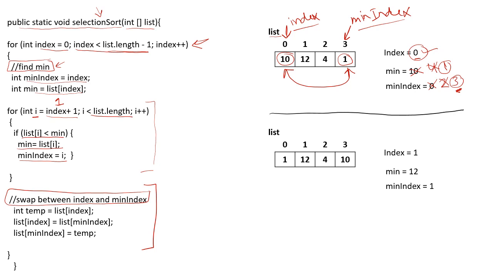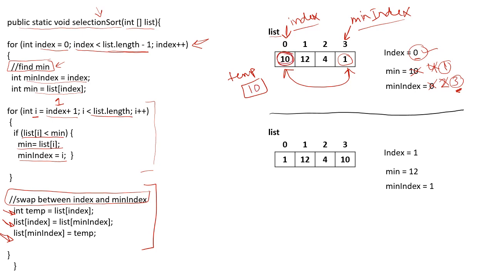And as you are aware from Java 1, the previous course, always if you need to do a swap, you have to create a temp variable. So we are saying int temp = list[index]; list[index] = list[minIndex]; list[minIndex] = temp. So we are just doing a small thing like this. Temp at the beginning should equal list of index. So I'm saying this is list of index and just save it in temp. So temp will be 10.